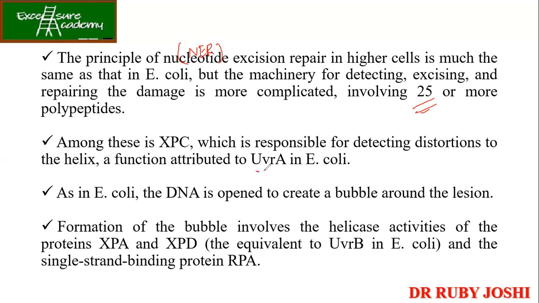Okay. So among these is XPC, which is responsible for detecting distortion. अब देखो, UVR A in E. coli is similar to XPC. Okay, it is not XPA, it is C. As in E. coli, DNA is open to create a bubble around the lesion. Formation of bubble includes the activities of helicase, that is A and D, which is equivalent to B over here, and single strand binding protein RPA.